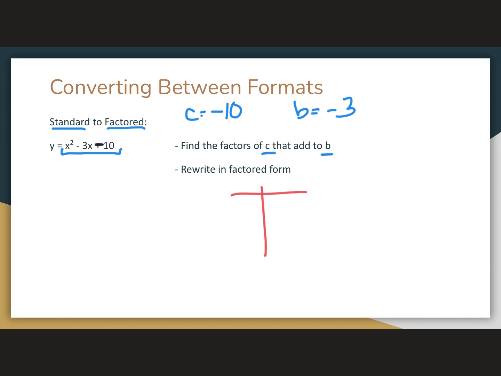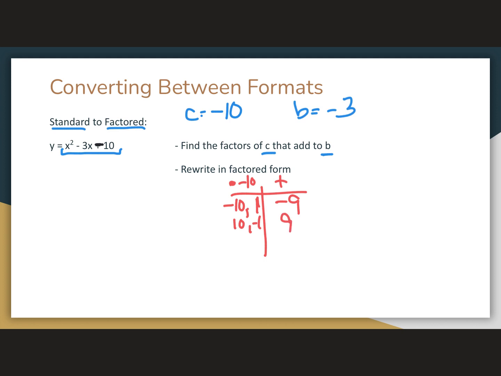So I need numbers that multiply to negative 10. And then I'm going to see what they add to. So negative 10, let's see, I can do negative 10, positive 1. But that adds to negative 9. 10 and negative 1. But that adds to a positive 9.